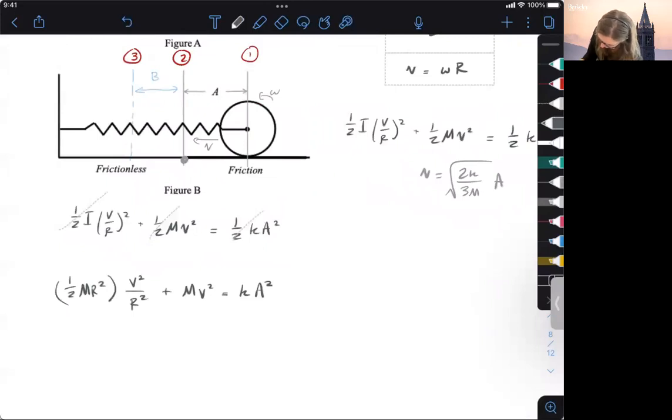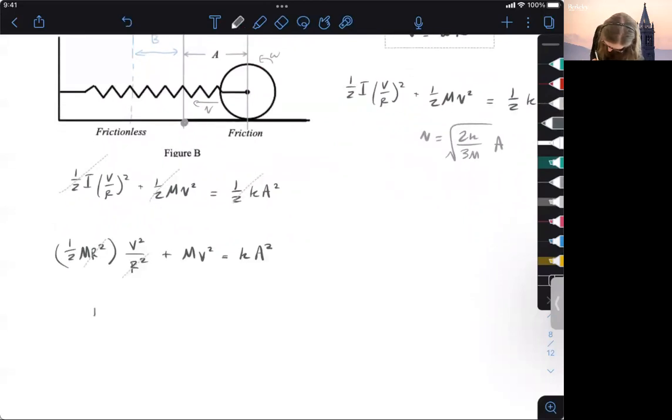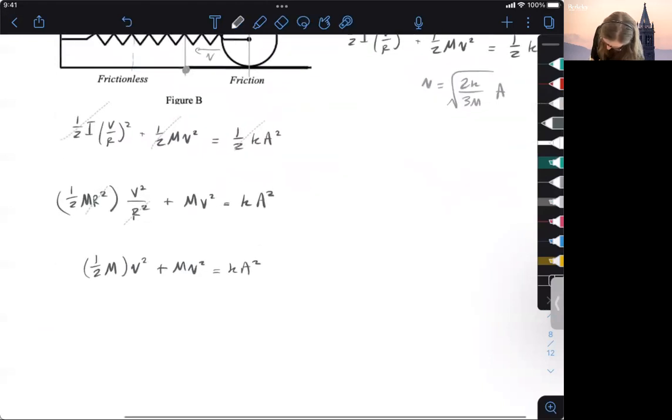So we can cancel out this other r squared. Then if we group these, we have 1/2 m v squared plus mv squared equals ka squared. Let's group the m's.